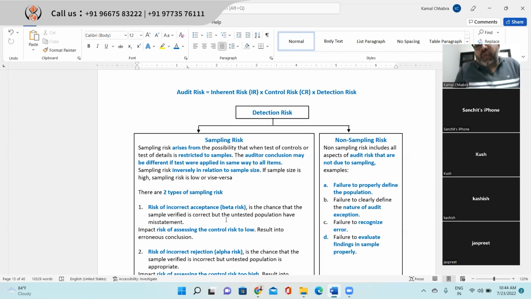For example, failure to properly define the population. Let's say you are testing the marketing expenditure, where you have digital marketing, paid campaigns, brochures, booklets, flyers, standees, and the marketing team.